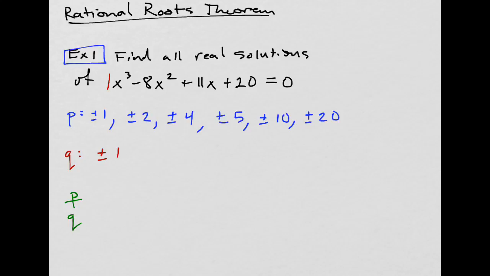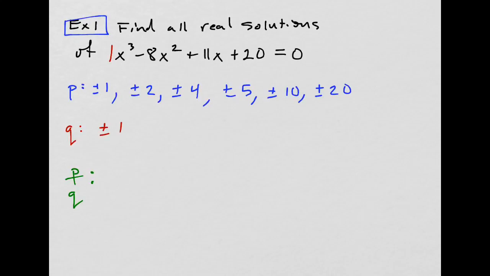What do you mean all combinations? I mean you would take p and divide it by q. It's plus or minus anyway, so it doesn't matter too much in this particular case, but in other cases it will matter. So what are my p's and q's here? Well, I can have plus or minus 1 divided by plus or minus 1, so really the sign doesn't change. And I'm actually not going to write the bottom since it is just 1.